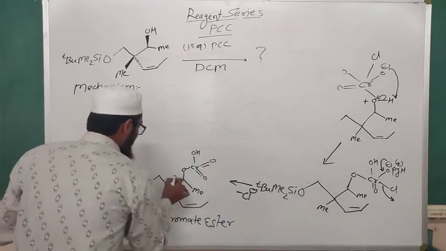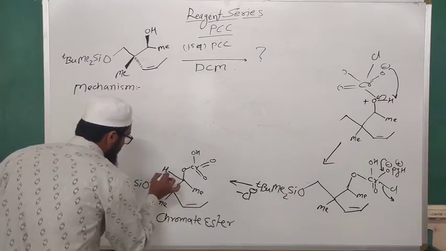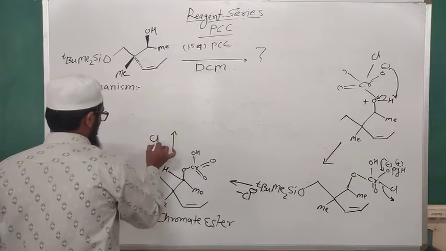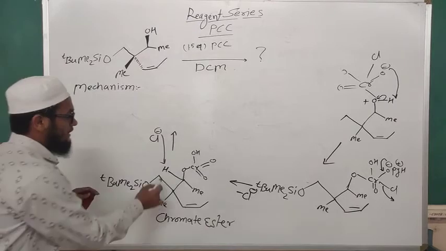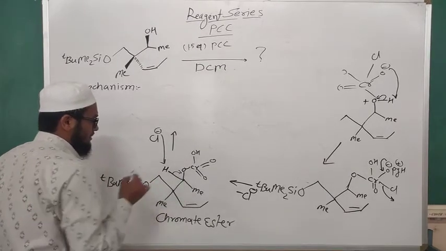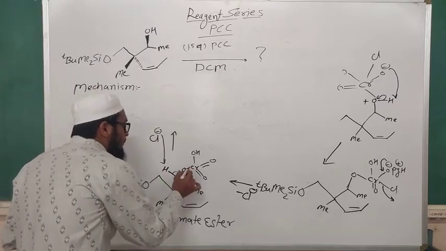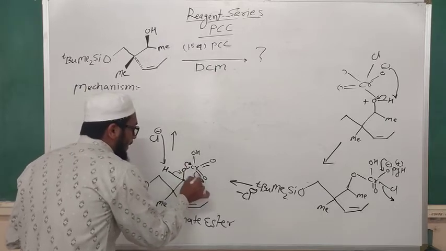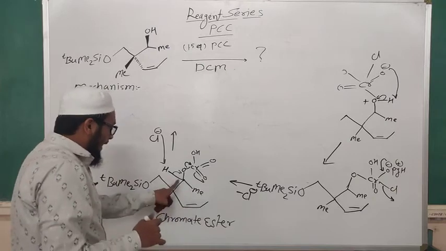Now look, this carbon has a hydrogen here. In the next step, the free chloride ion will come and abstract this hydrogen, and this hydrogen-carbon bond electron will turn towards the carbon-oxygen double bond, and this oxygen-chromium bond electron will turn towards chromium, and this double bond will convert into a single bond.